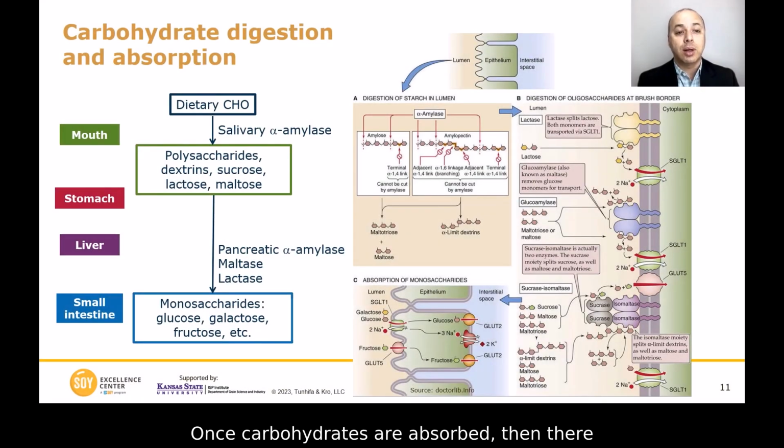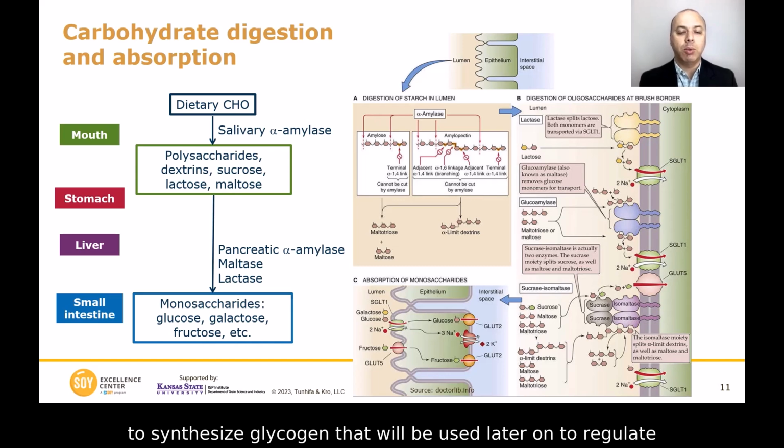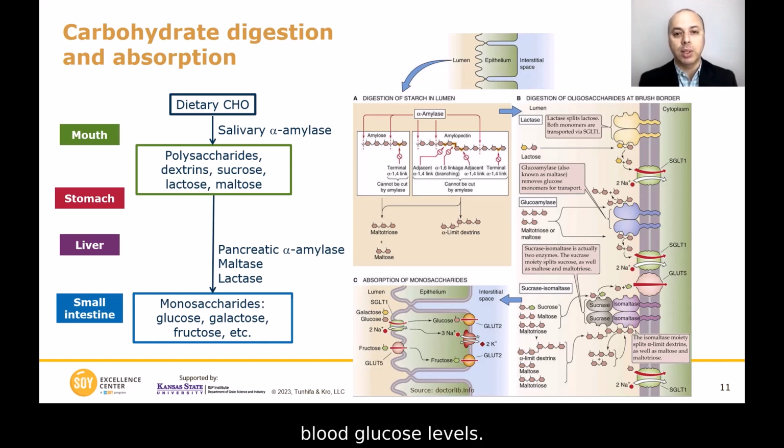Once carbohydrates are absorbed, there is a lot of complexity as to how, let's say, glucose appears in blood and goes to the liver. The liver takes a portion of it to synthesize glycogen that will be used later on to regulate blood glucose levels.